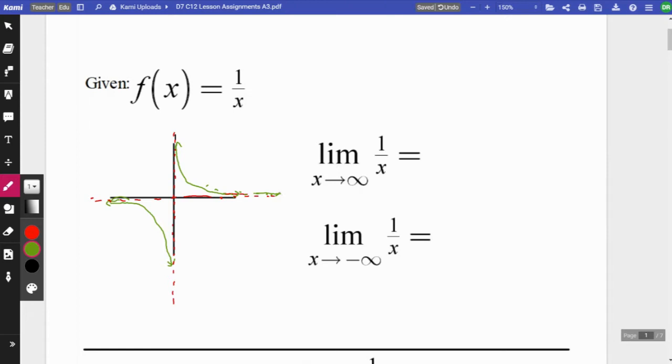So it's getting closer and closer forever, but it never quite touches it. And that's our graph. So what we want to think about is, what's going to happen if I start plugging in numbers? So this is some notation. It just says the limit. What's the limit as x approaches infinity if we have the function 1 over x? As x approaches infinity, that just means if I started plugging in larger and larger numbers for x, what types of answers am I getting?